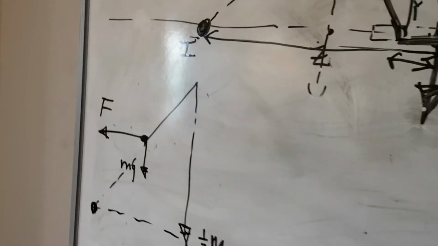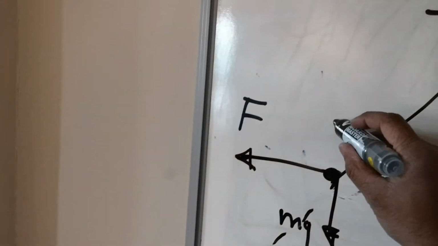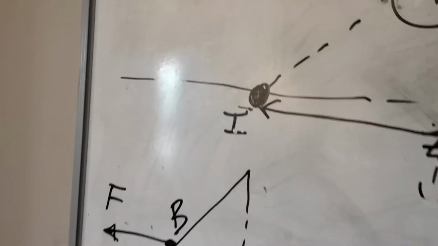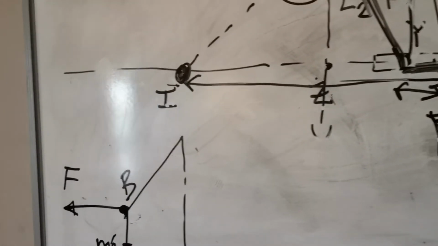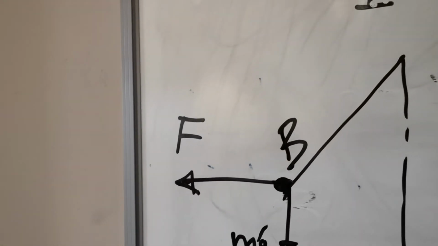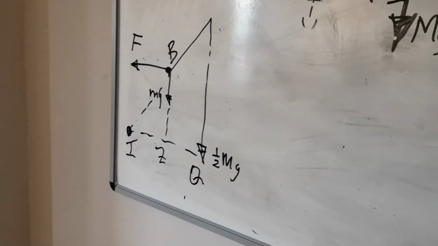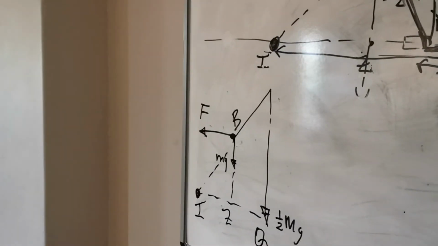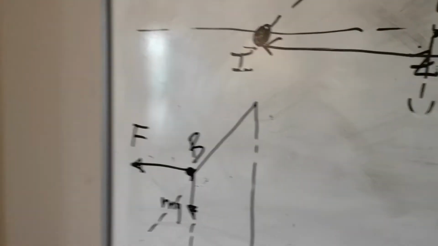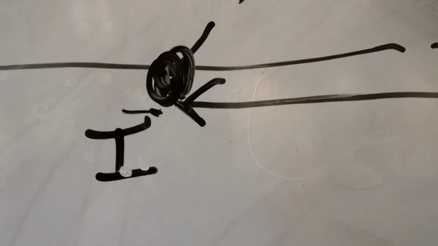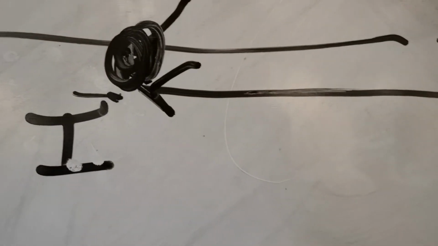So using your notation, this is point B, this is point I, the vertical one is point Z. Let's just call this point Q for the sake of argument. Clockwise moments is equal to anti-clockwise moments.